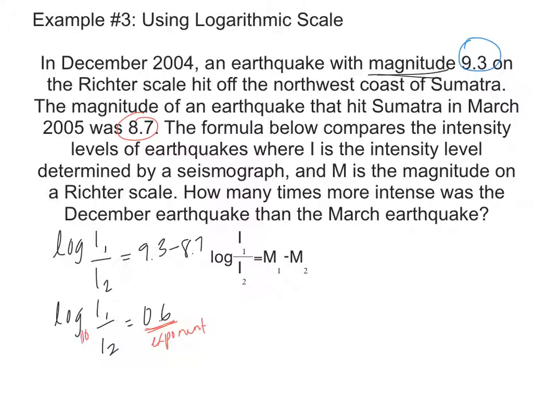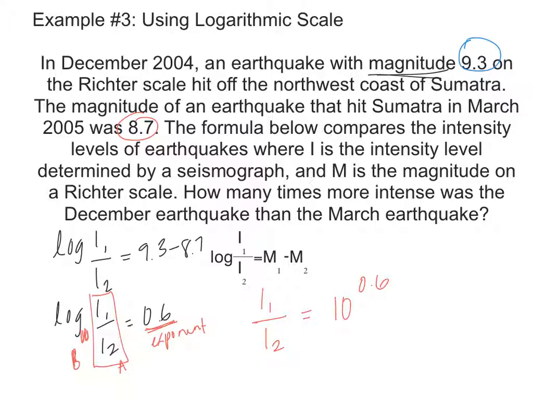So if I want to know what the answer is, this is the base, the answer, and the exponent. The answer, which is I1 over I2, is going to be the base raised to the power of 0.6. And remember it says how many more times, so that's why we're using division.